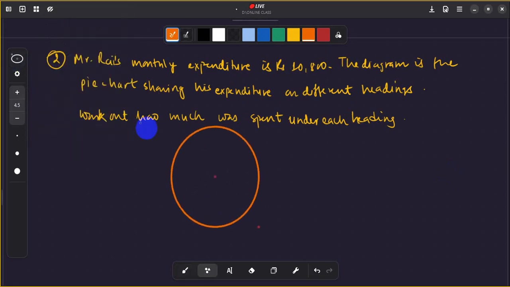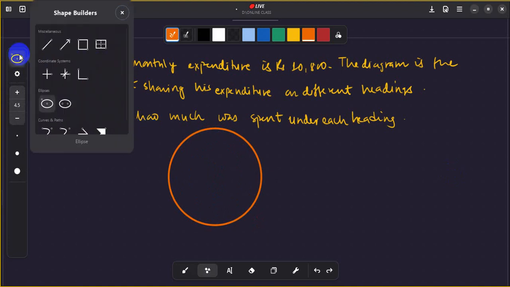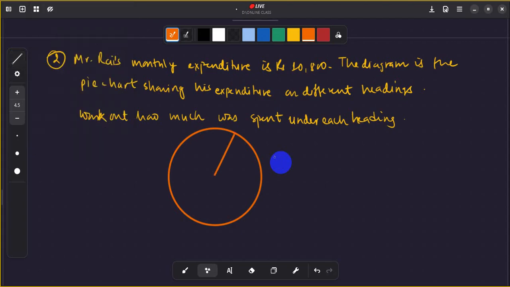The pie chart is like this. This one is the pie chart. It has given us one section, 2 sector, 3 sector, and then 4, and then 5. The degrees are: this one for rent is 70 degrees.